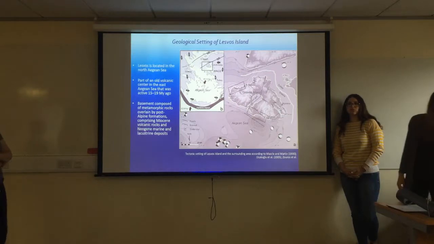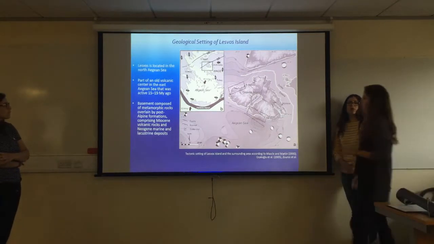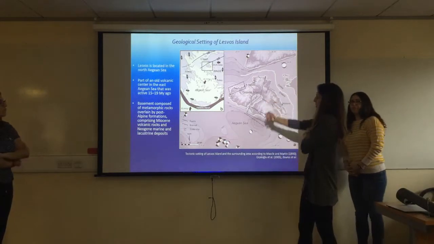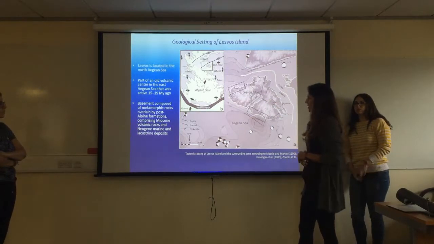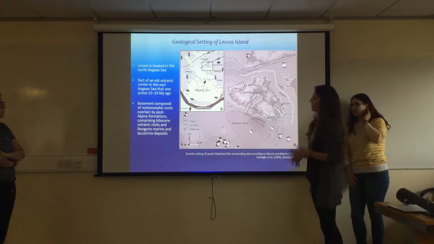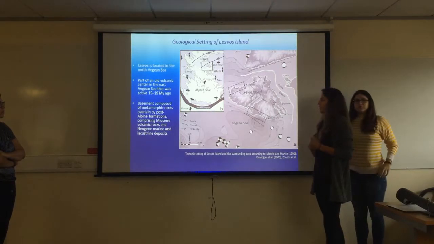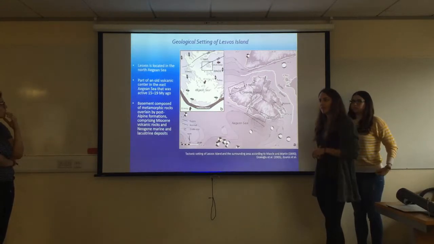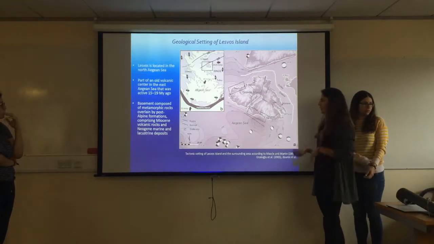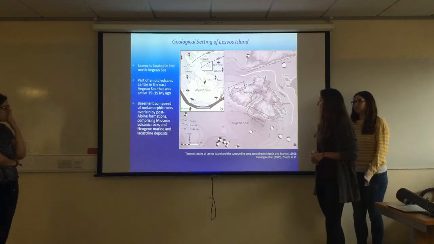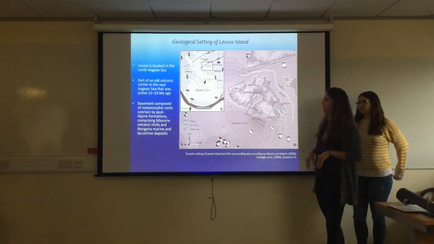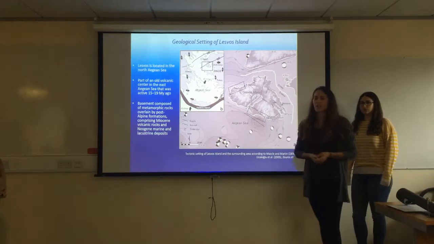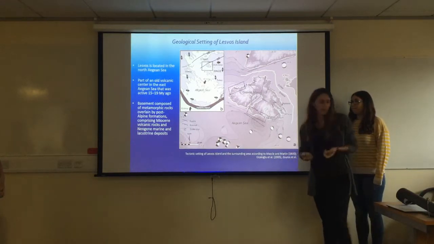About Lesbos, I would say it's in the northeast part of the Aegean Sea. It is part of an old volcanic arc center in the East Aegean that was active from 15 to 19 million years ago, and its basement is composed of metamorphic rocks overlain by post-alpine formations.